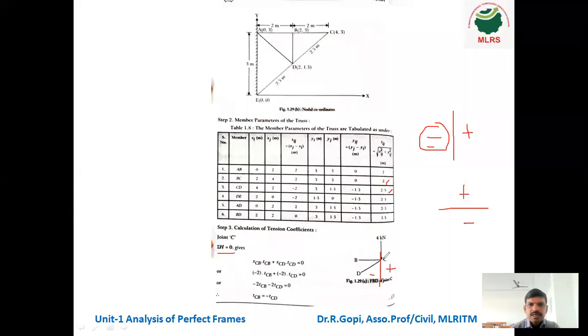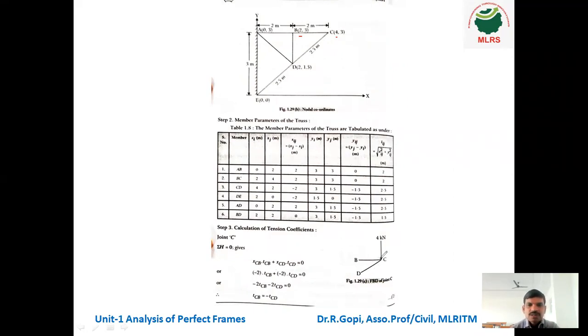Students, for calculating this length, don't see this table. This is actually for length only, the corresponding length, but we are focusing on coordinates. So please see this diagram. Here you can see the first member XCB. C is here, B is here. What is the coordinate? 4, 2. Therefore 4 minus 2 is 2.